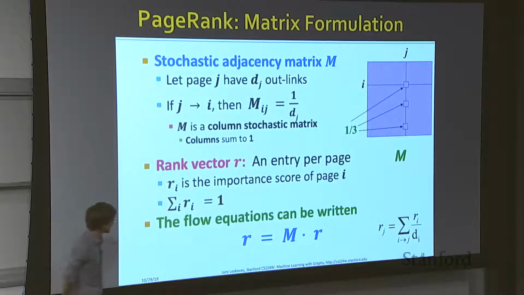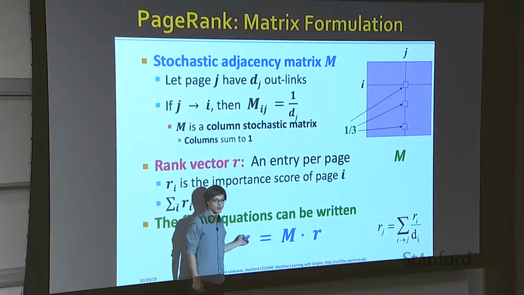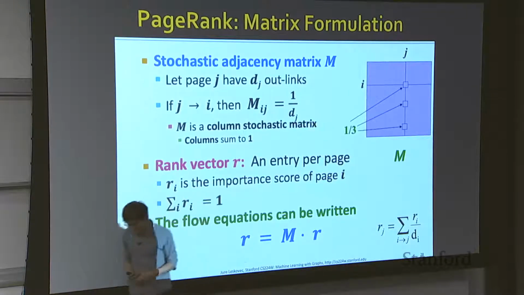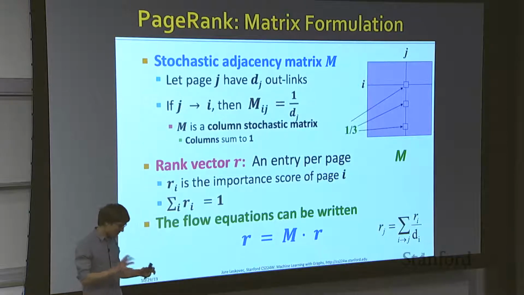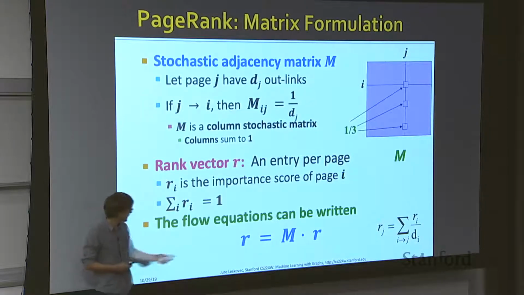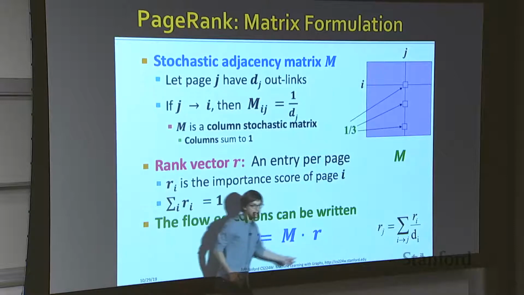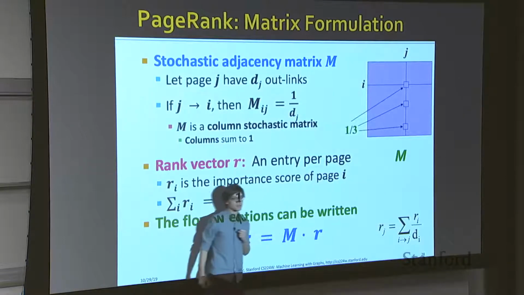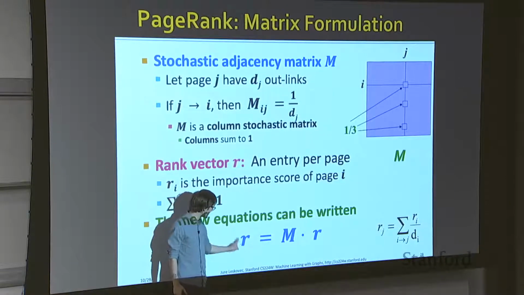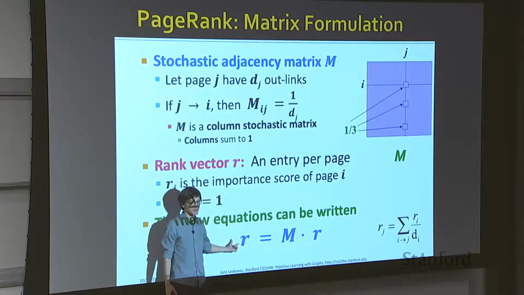And now you guys should be like, I've seen this before. Right? We've seen this before when we talked about matrices and eigenvectors and eigenvalues. We had this type of recursive equations where the same thing appeared on both ends. And remember, at that time I had some lambda here.